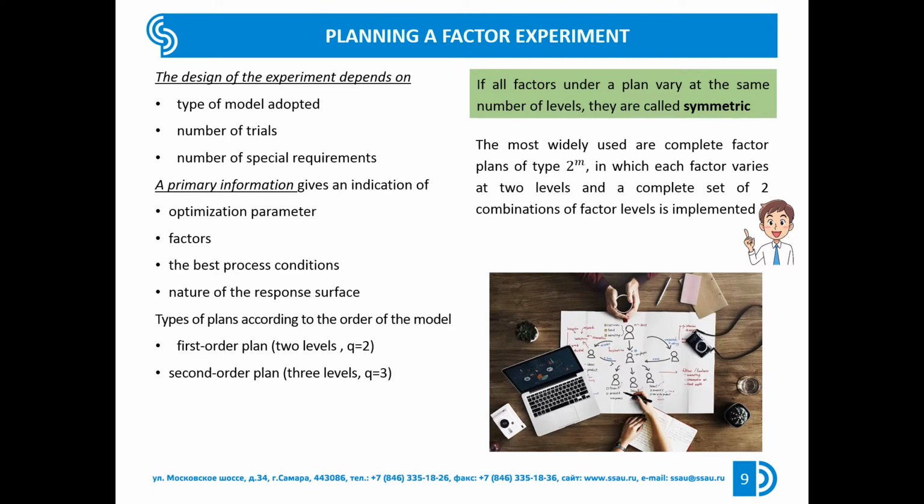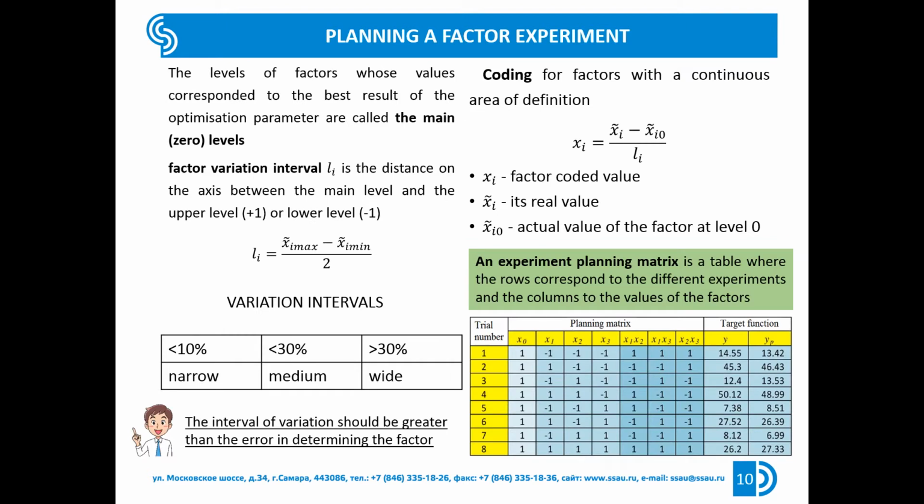The most widely used are complete factorial plans of type 2 to the power of m, in which each factor varies at two levels and a complete set of combinations of factor levels is implemented. Based on primary information, the values of factor levels are established which correspond to the best result of the optimization parameter.